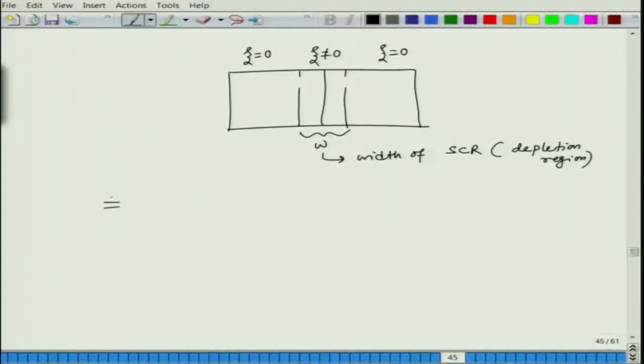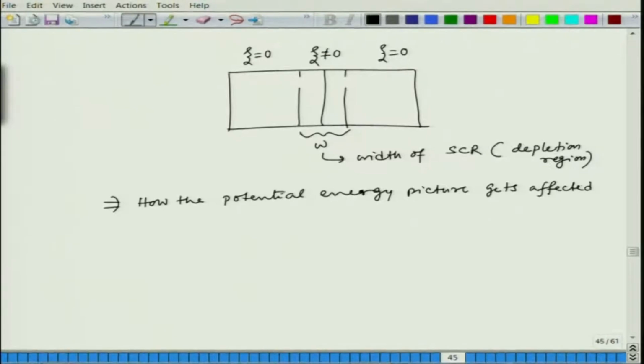Now, when we talk about this field, we can think of how the potential energy picture gets affected by the formation of a p-n junction.